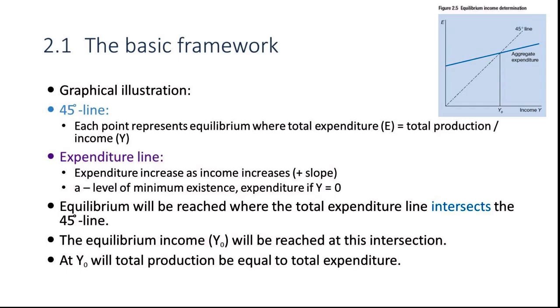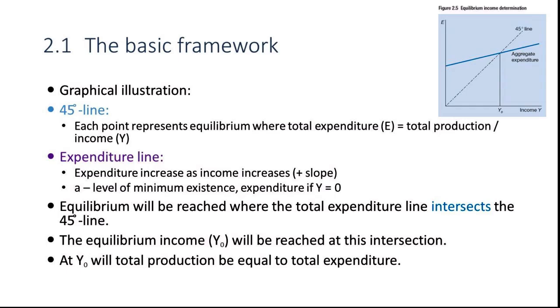Now, this can be illustrated graphically, and you'll see the graph there in the top right-hand corner. We've got expenditure on the vertical axis, and we're measuring income on the horizontal axis, and the 45-degree line just represents the line where expenditure is always equal to income. That's where equilibrium is in this economy.